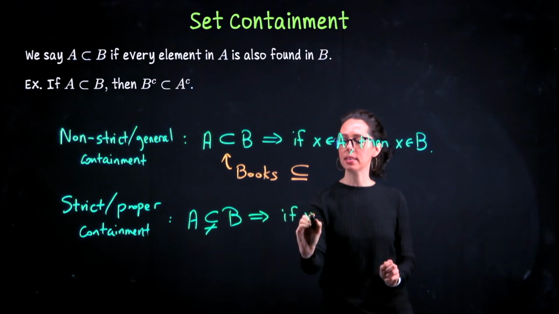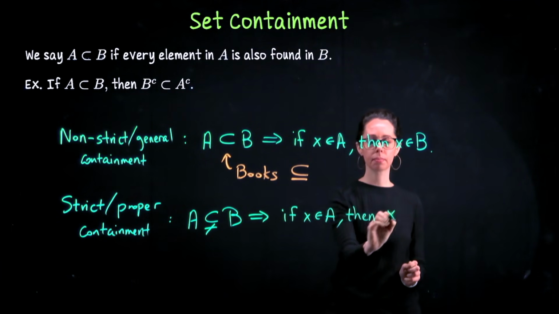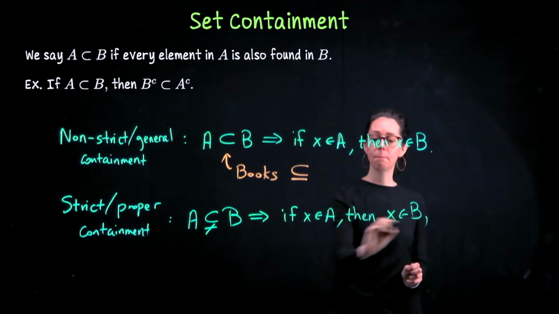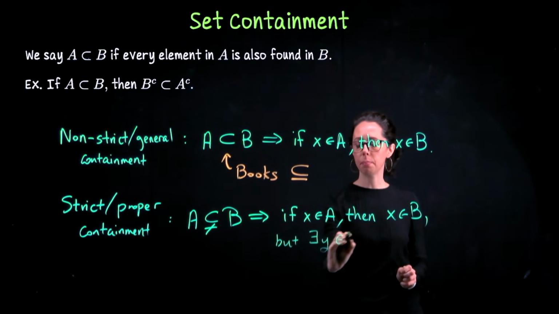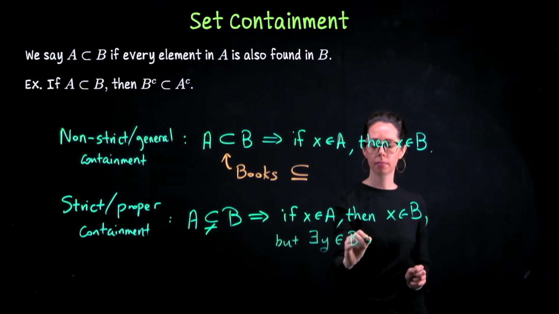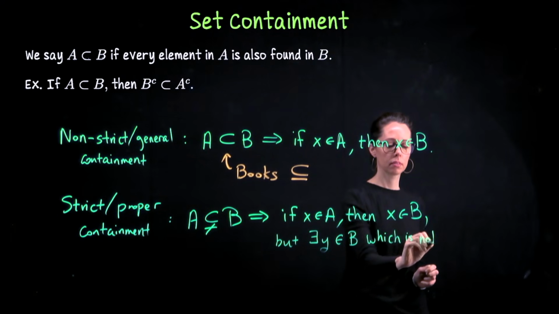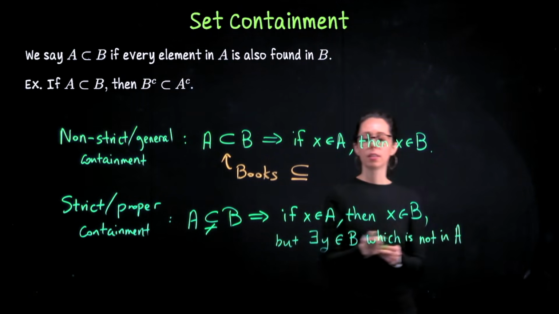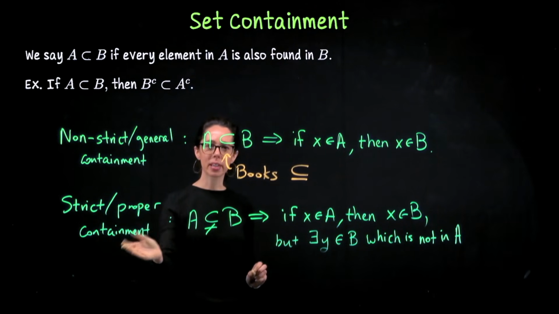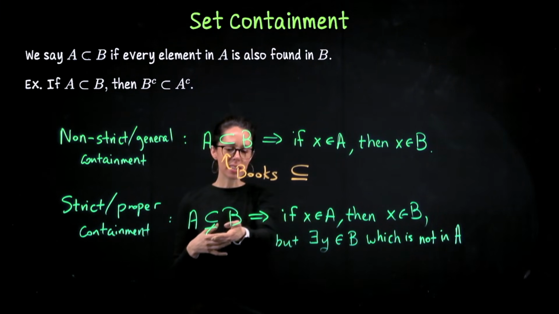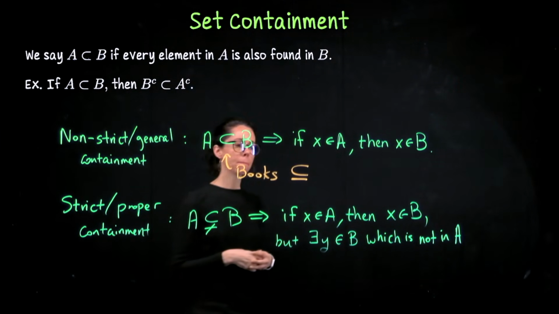If x is in A, then x is in B. In other words, A is a subset of B. But there exists a y in B which is not in A. So with this idea of strict or proper containment, A isn't accounting for all of B. There's something in B that doesn't live in A.